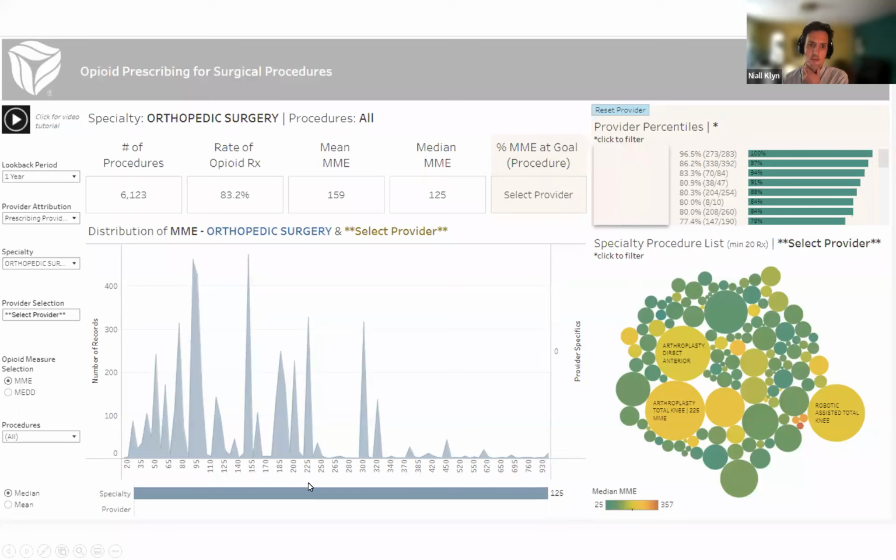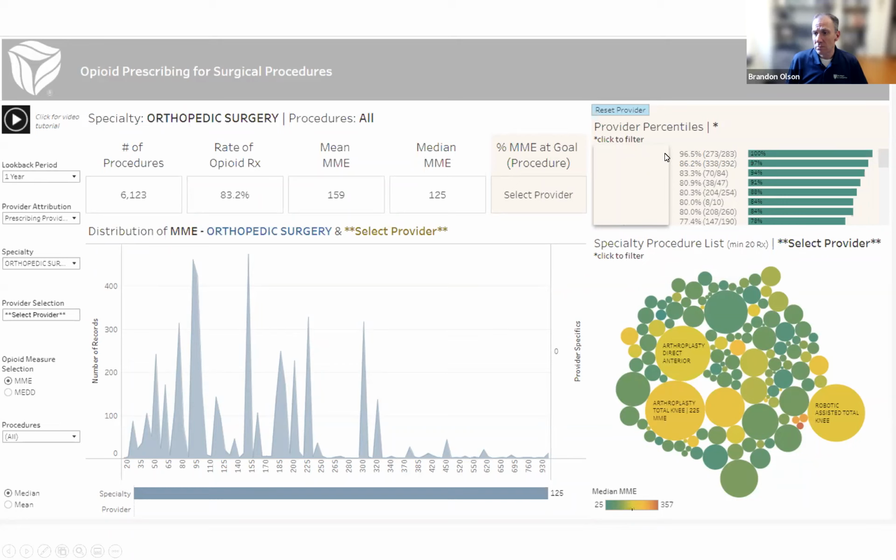As I select different things, those are going to reflect those changes. Up here, we have providers that are within that orthopedic surgery specialty. You can see I blocked those out, even though these data are just sample data, aren't real data from my system. I didn't want to call attention to anyone unnecessarily in case it was misinterpreted.